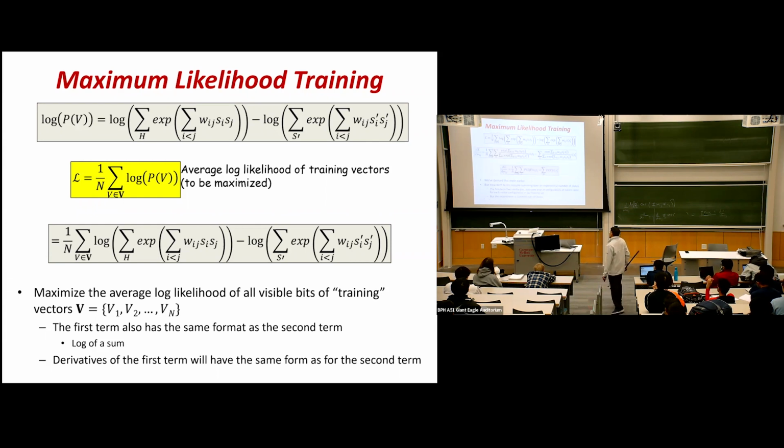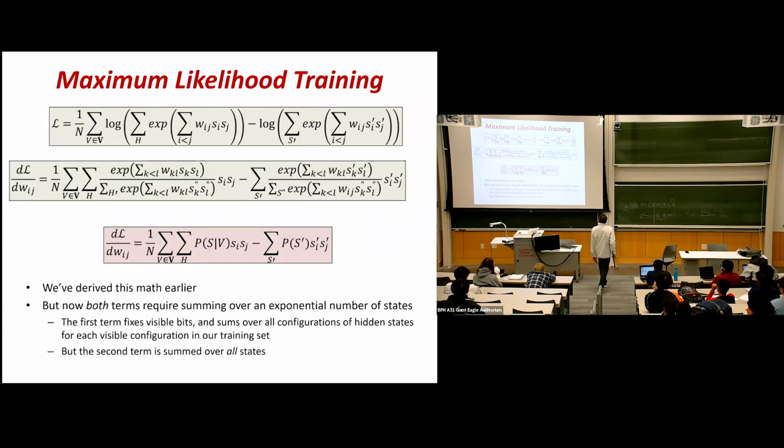But as things turn out, if you just work through the arithmetic, using exactly the same arithmetic as before, you get that the derivative of the log likelihood with respect to any parameter wij is the expected value of the product of two bits, where the expectation is taken over the probability distribution of the hidden bits given the visible bits, right?